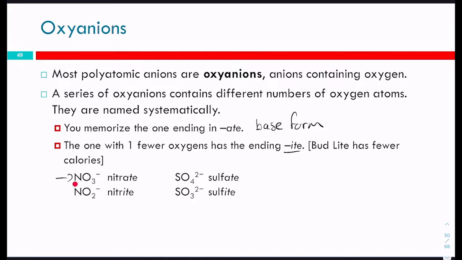So it goes from NO3 to NO2. For sulfate, the base form has a different number of oxygens from nitrate, but the same rule applies: when we change that ending to ITE, we just drop one oxygen, and it still has a 2- charge. We call it sulfite.